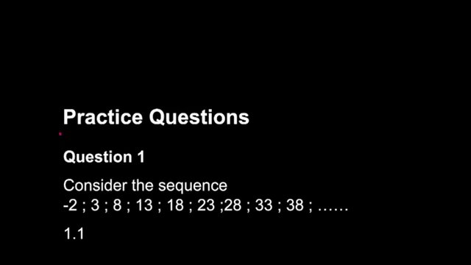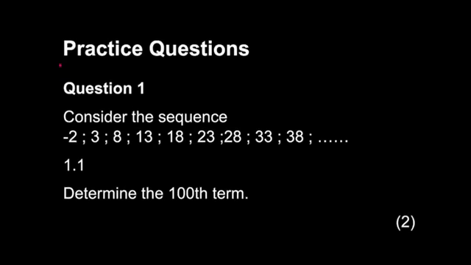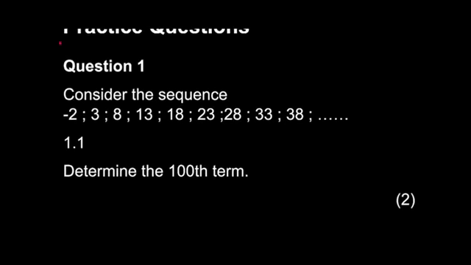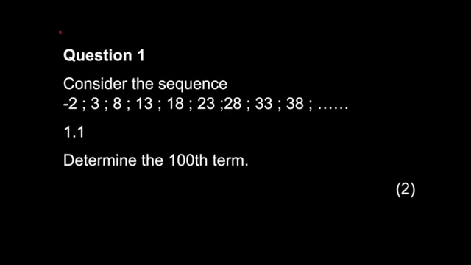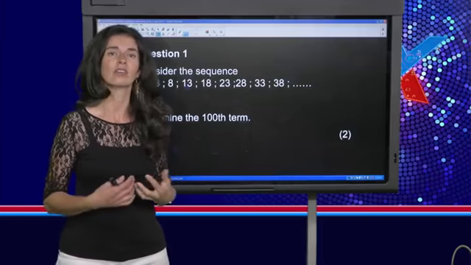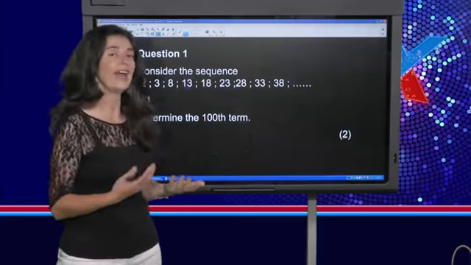And we're going to look here, firstly, at the sequence -2, 3, 8, 13, 18, 23, 28, 33, 38. I think that they've given us something to think about, because we first need to establish what kind of sequence we have.